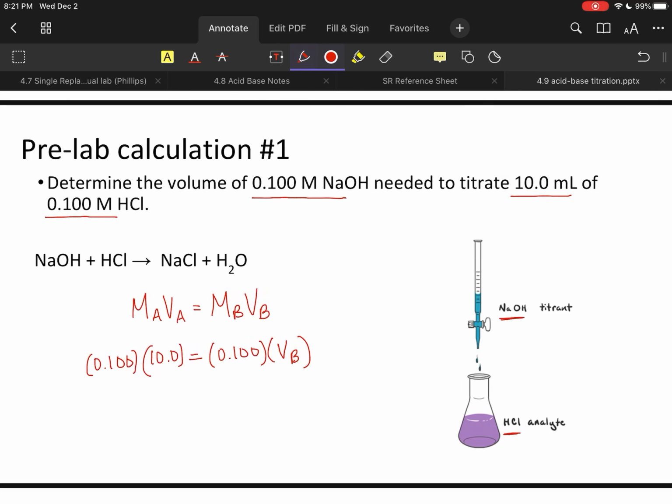So I'm just going to plug that into my calculator. 0.1 times 10 is 1, equals 0.100 times V. If I divide by 0.100 in order to get the volume by itself, I end up with 10 milliliters.